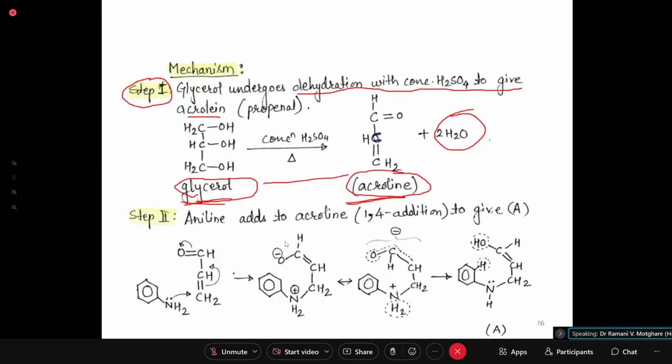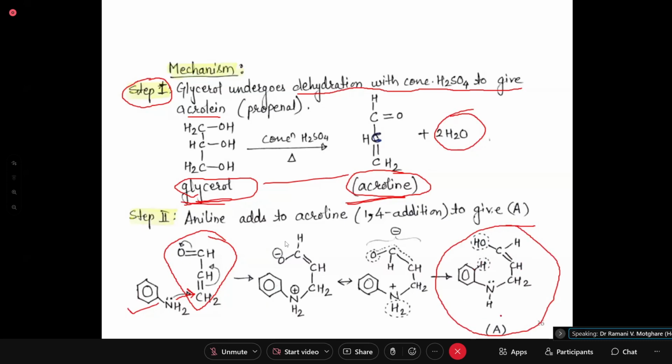Now this is the acrolein which will be reacting with the aniline. So aniline goes and adds to the acrolein at this position, and you get an adduct, 1,4 addition takes place, and an intermediate A is formed, that is termed as the 1,4 addition adduct.